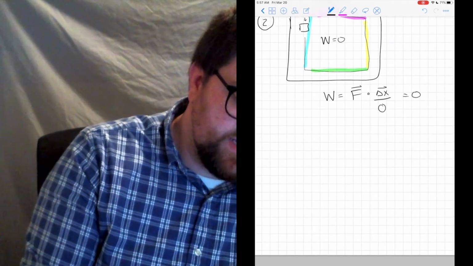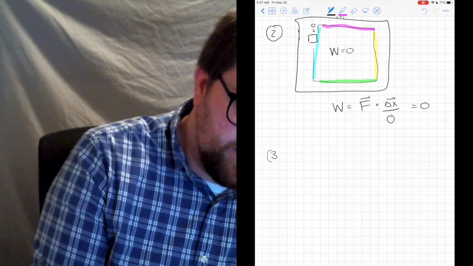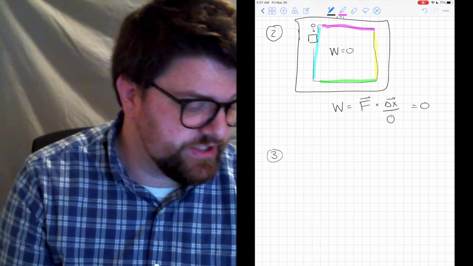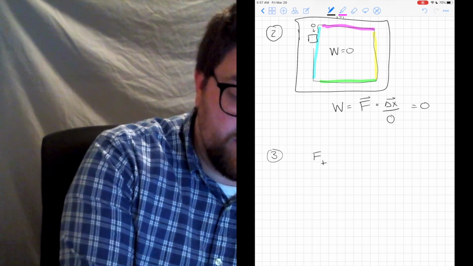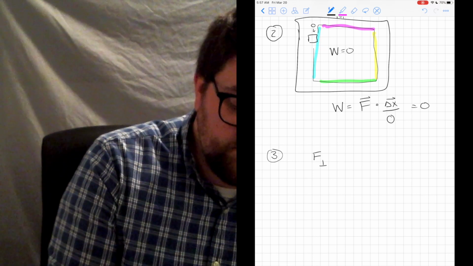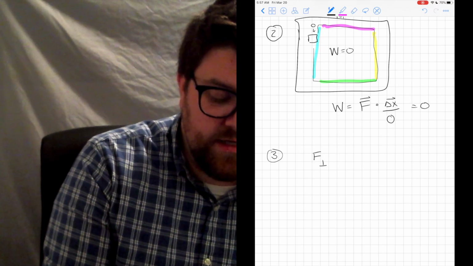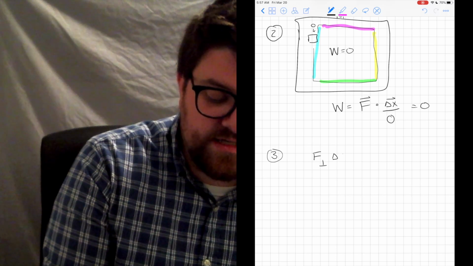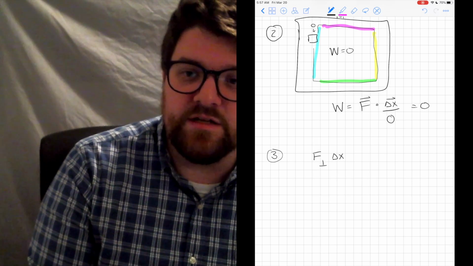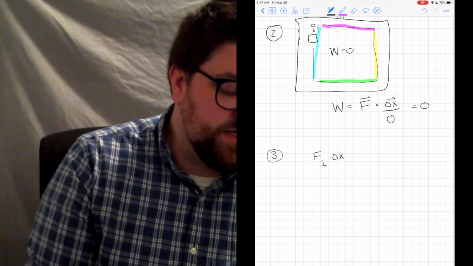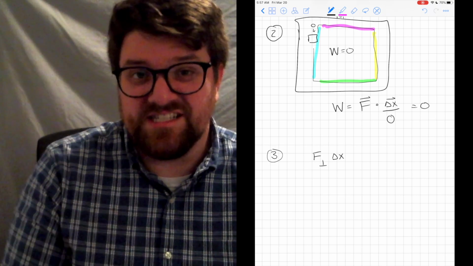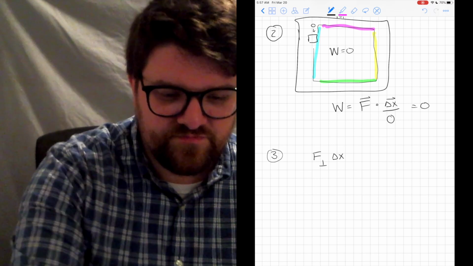So our third scenario is a little bit more practical, actually. What if I have a force that is constantly perpendicular to my displacement, right? To my displacement. A scenario of this would be something like a force providing centripetal acceleration, right?